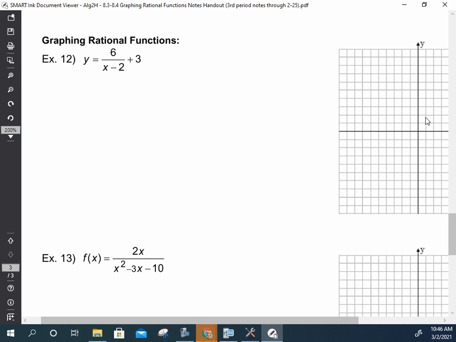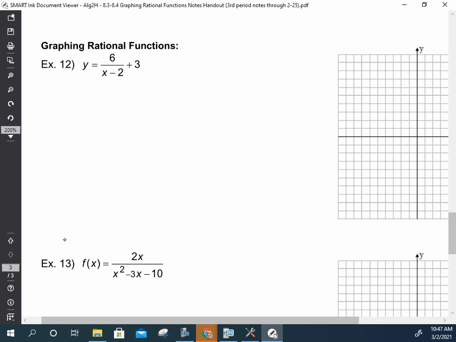Do some graphing. So, in order to graph, we're going to do the exact same things that we did on Thursday. This is the second page for you.